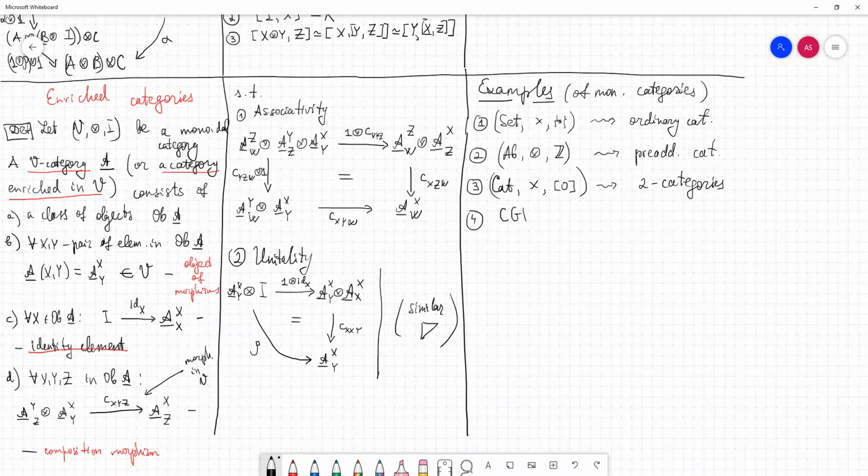Four. Compactly generated weakly Hausdorff topological spaces together with product and the 1-point set. This gives us topological categories. Here I don't want to go inside the definition, it's very long. So it's compactly generated weakly Hausdorff topological spaces.